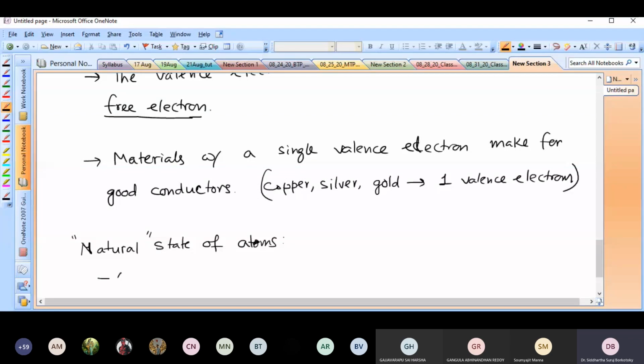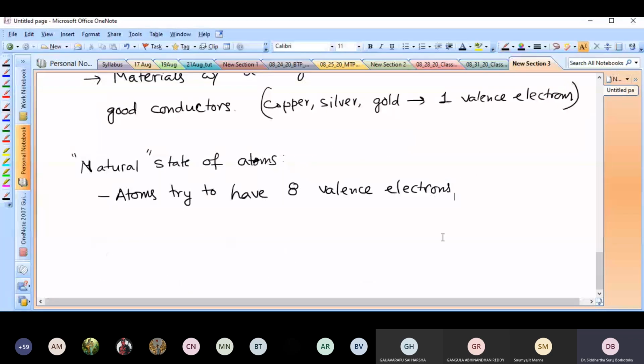Atoms try to have 8 valence electrons. This is a property of nature. This is something that you can take as a hypothesis. It's a property of nature.